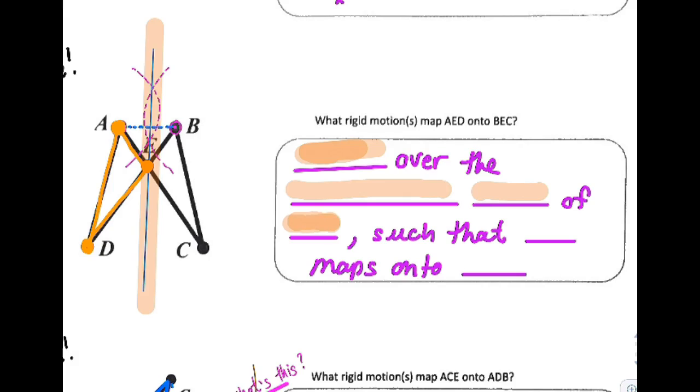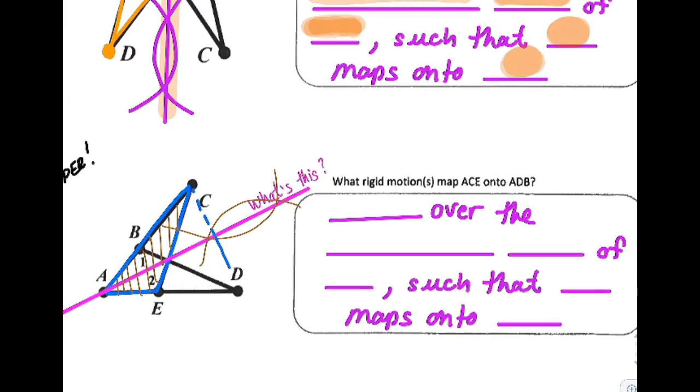Either one would work, because if you did the construction down here, you also have the perpendicular bisector be the same, which is a line of reflection, such that either A maps onto B, or you could say D maps onto C. But the key there is you reflect over the perpendicular bisector of any 2 points that map onto one another.